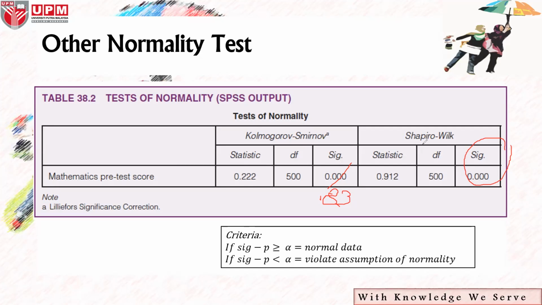But for master level, you should probably look beyond. Other than skewness and kurtosis, you may check based on Kolmogorov-Smirnov and Shapiro-Wilk or other types of normality test. Ada lagi, banyak sangat. As long as there is one statistical proof supporting that your data are normal, then you can proceed with parametric statistic.